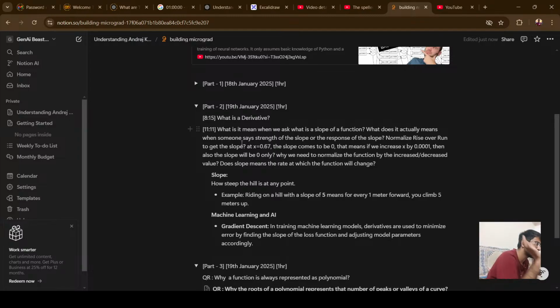Now, at 0.67 the slope comes to be 0, which means that at that point we have reached a peak or a depression, and the slope becomes 0.